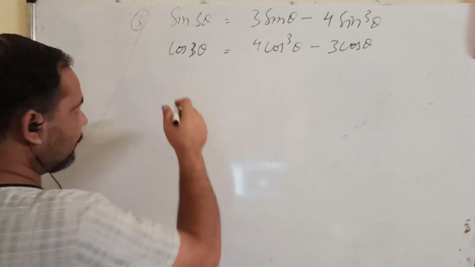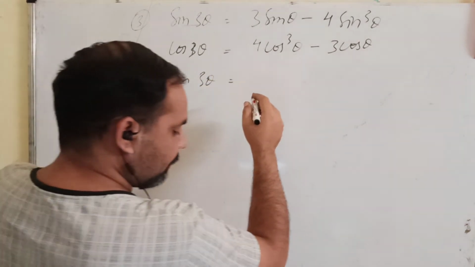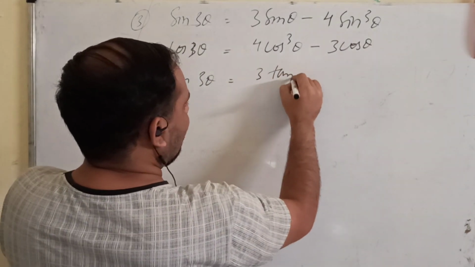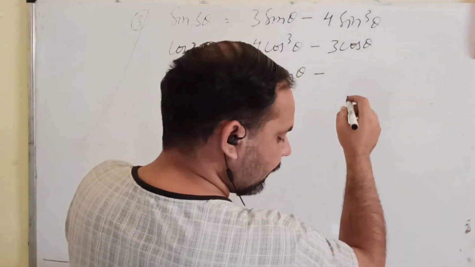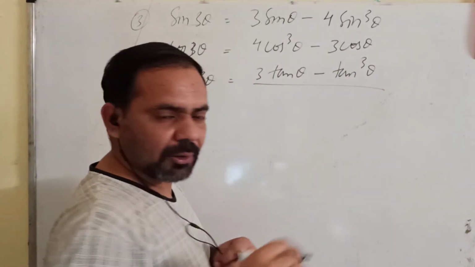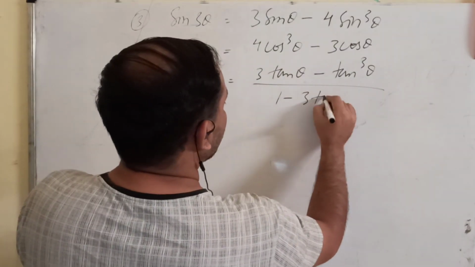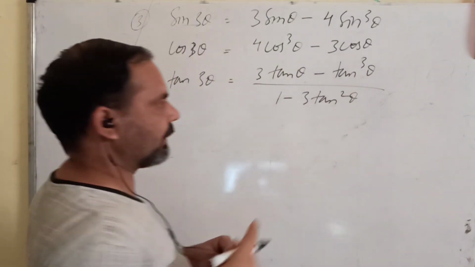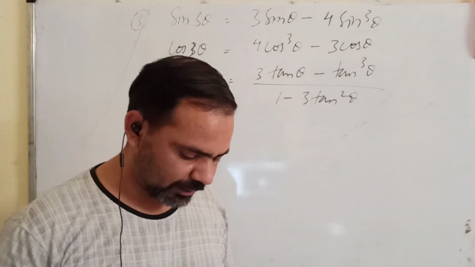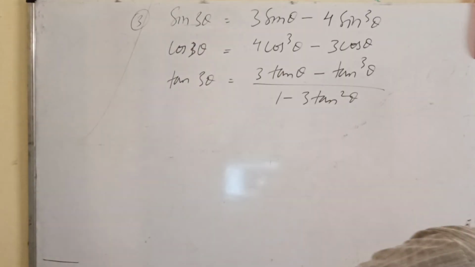Okay, and tan 3 theta is equal to 3 tan theta minus tan cube theta upon 1 minus 3 tan square theta.